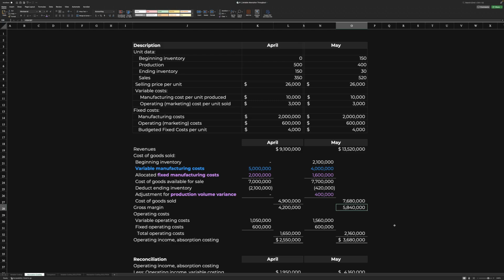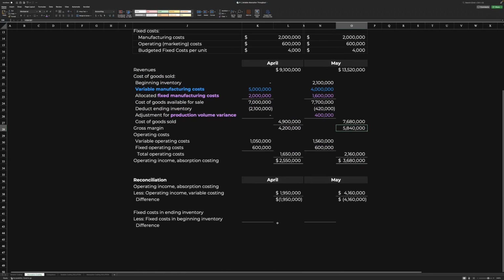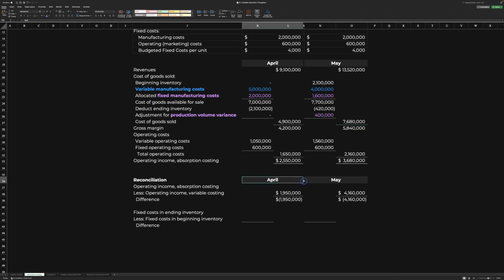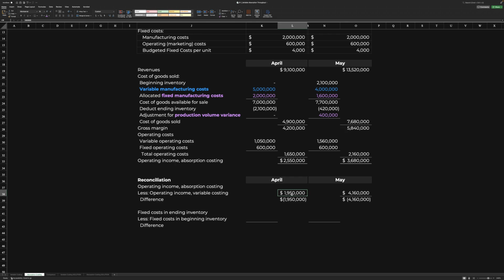In other words, the entire difference is due to how the fixed manufacturing costs are treated. We can prove that by reconciling the two. Let's do that down below. We'll take a look at the month of April and May, and we'll compare the operating income under each method. I've already listed here the operating income under variable costing was $1,950,000 for April and $4,160,000 for May.